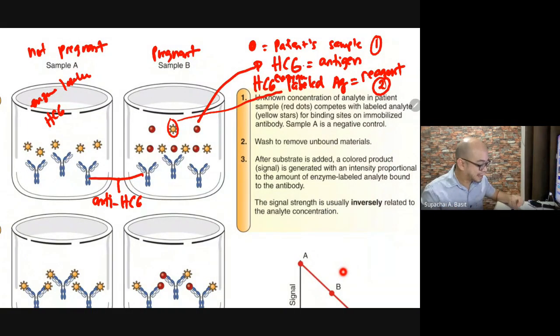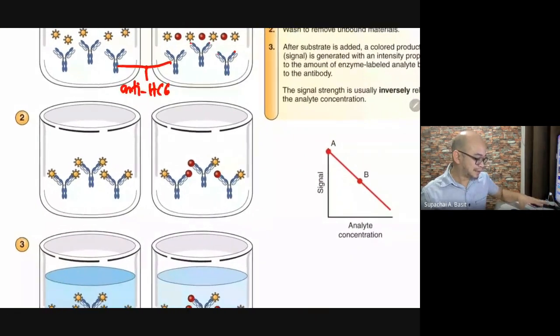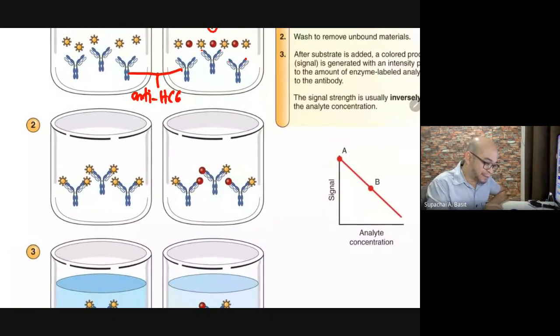Into the anti-HCG. However, patient B is a pregnant sample. So what will happen? The HCGs will compete for a limited binding site. So this is now your enzyme-labeled HCG.